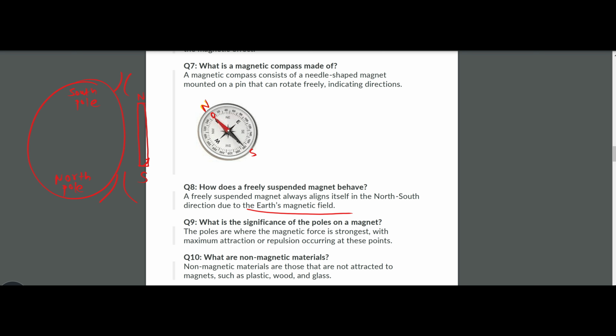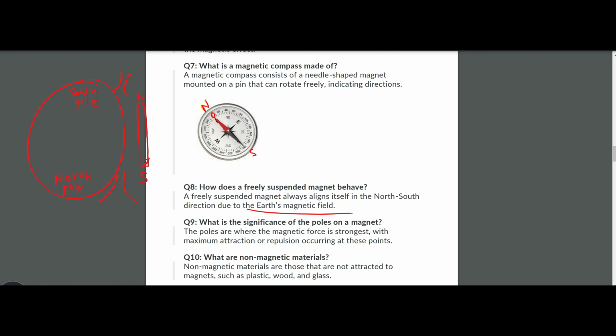Take a bar magnet: its north pole is attracted by the south pole of the Earth, and its south pole is attracted by the north pole of the Earth. This is the reason behind it. That's why the freely suspended magnet always aligns itself in the north-south direction. Is it clear, everyone? Okay.